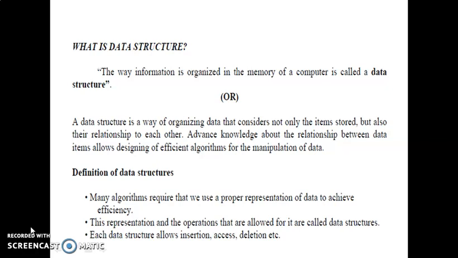Representation is how to store the data; operation is how to retrieve and manipulate the data. Each data structure allows, as we already told, insertion, access, deletion, and some other operations performed on the data stored in the memory location.